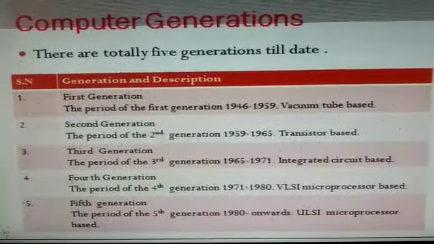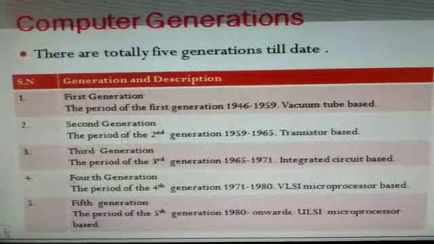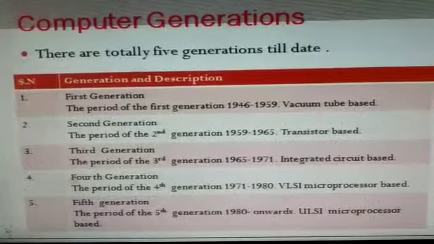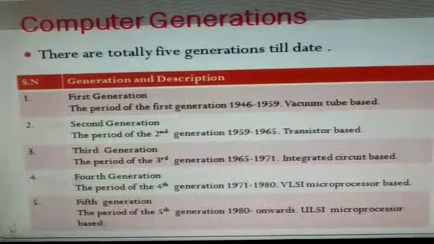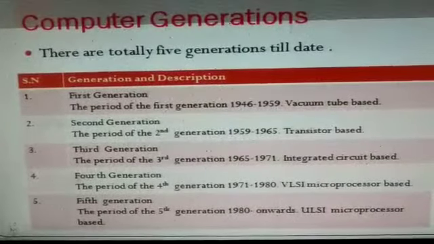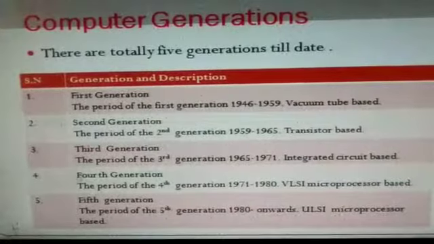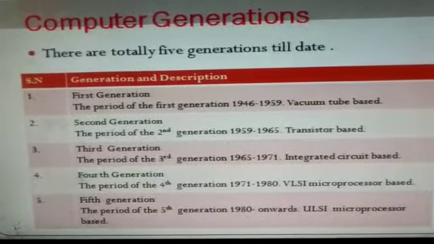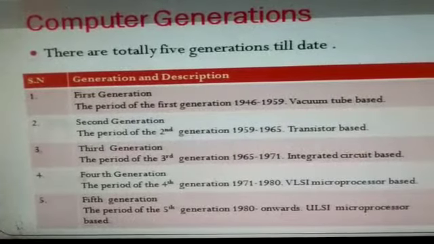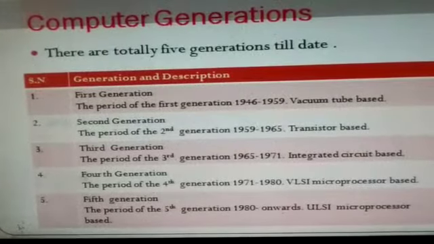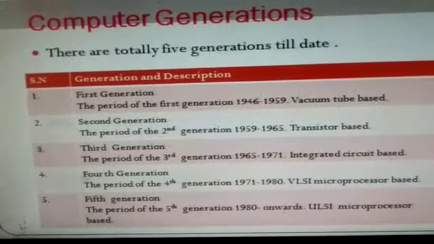First generation, the period is 1946 to 1959 and it is based on vacuum tube. Now second generation, the period is 1959 to 1965 and in this generation transistors were used.